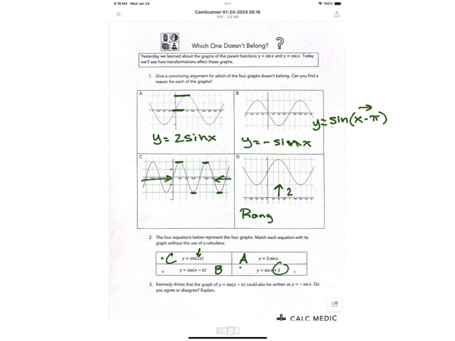What's the range of this new function after it's been moved up 2? 1 to 3. Right? It still has the same amplitude. Its amplitude is still 1. But its range has clicked up a couple of notches. Okay? Any questions on that?